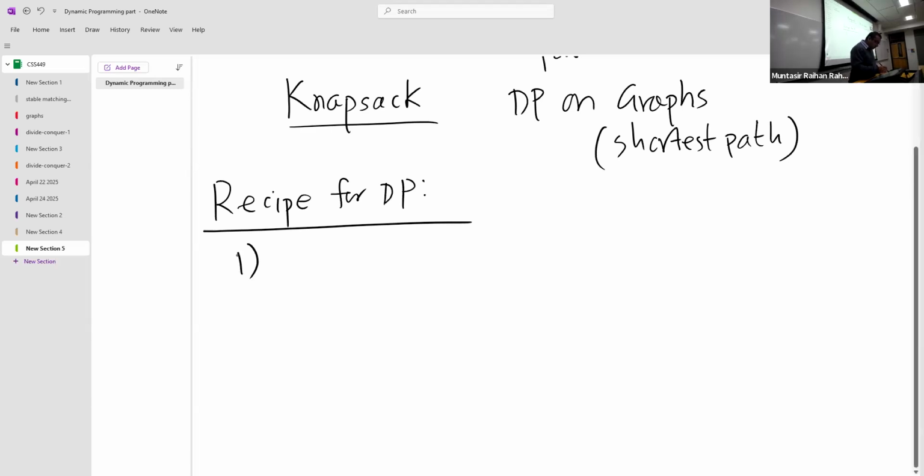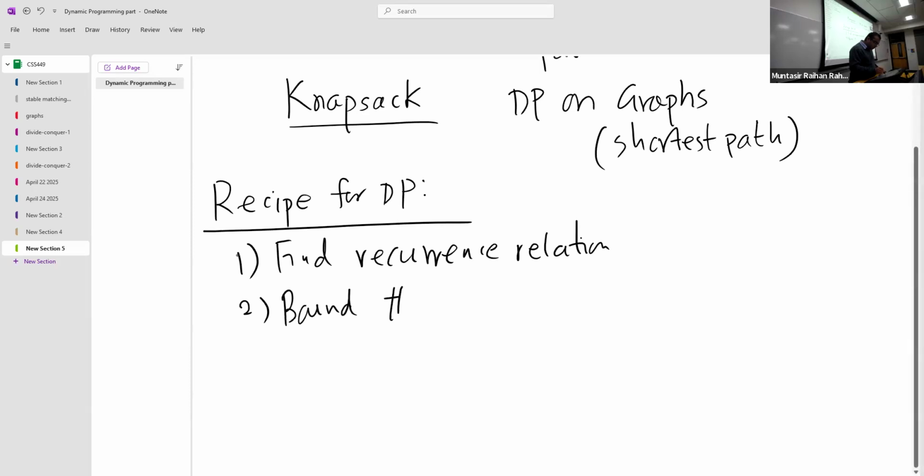So first, you find a recurrence relation. Bound the number of subproblems.